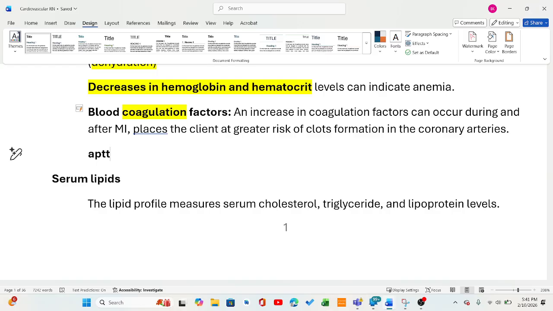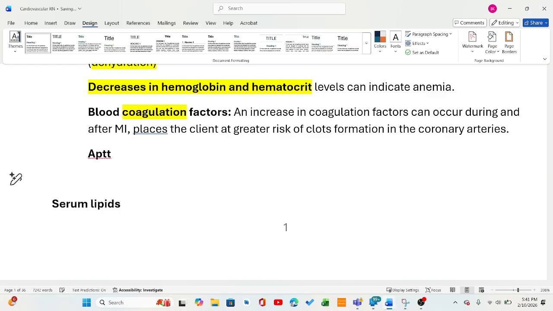And this will prevent the blood from clotting. In the case of warfarin, when a person is on warfarin, the doctor will order this lab, INR. The INR is there to monitor the warfarin level. So if you work in a nursing home, you'll be checking the INR of patients that are on warfarin.